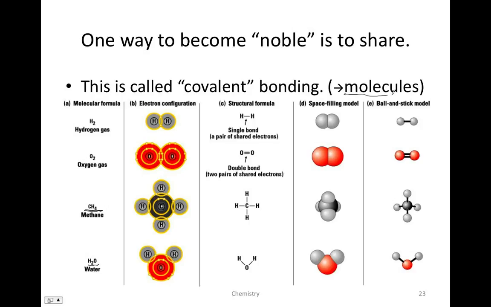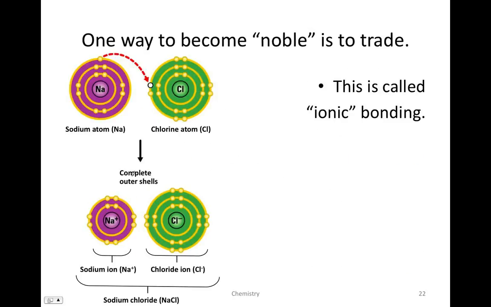These molecules are made up of atoms, and they are the particles of the compounds. Compounds are made of more than one element put together. We can have molecular compounds like this, or we can have ionic compounds like salt. This is also a compound because compound means more than one element together.